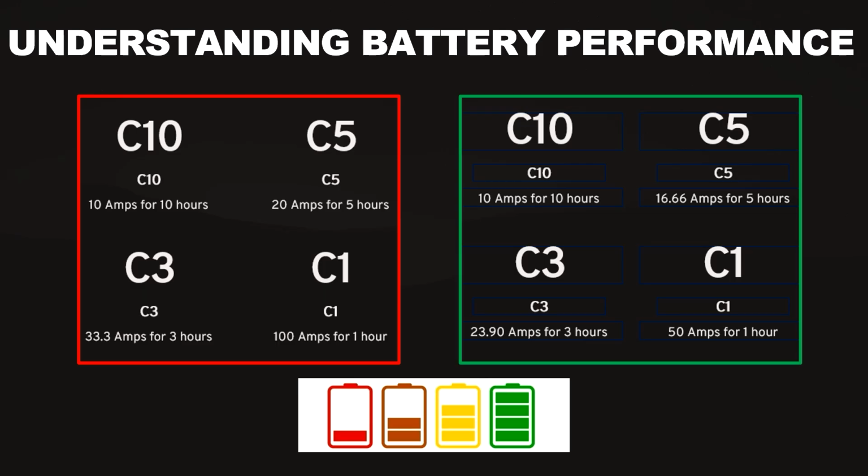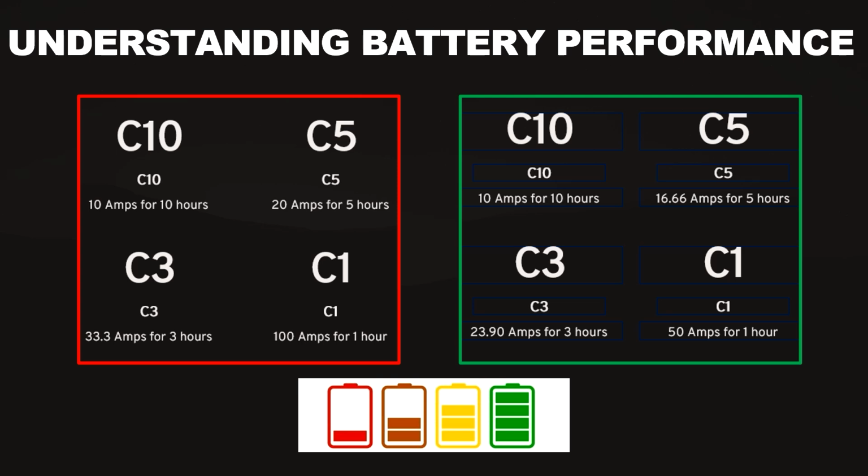If you have a 100 Ah battery and claim that it is a C10 battery, when I say C10, it is rated for a 10-hour capacity. You expect it to deliver 10 amps for 10 hours, which is 10 into 10 equal to 100 Ah. Yes, that is perfectly fine.